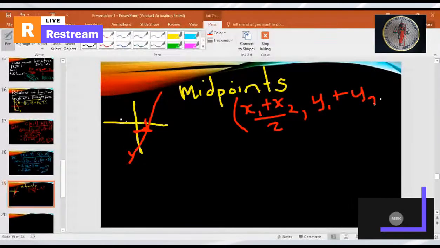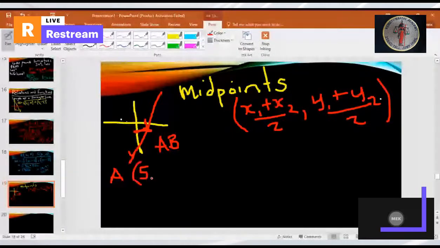So let's say we want a line AB, and the coordinates of point A are 5, -12, and the coordinates for point B are -3, 4.